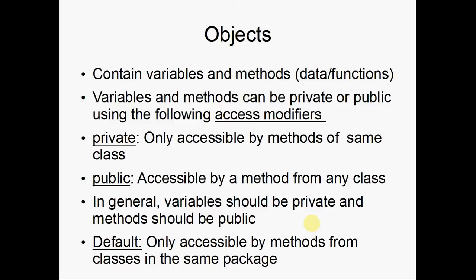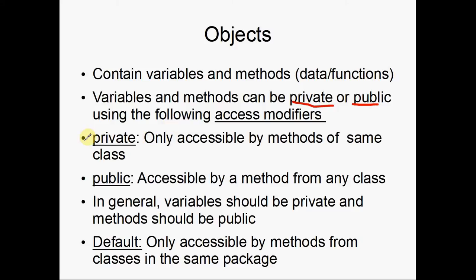Once again, objects contain variables and methods. We can also think of these as data and functions, depending on the language we're using. These variables and methods can be private or public using the following access modifiers.